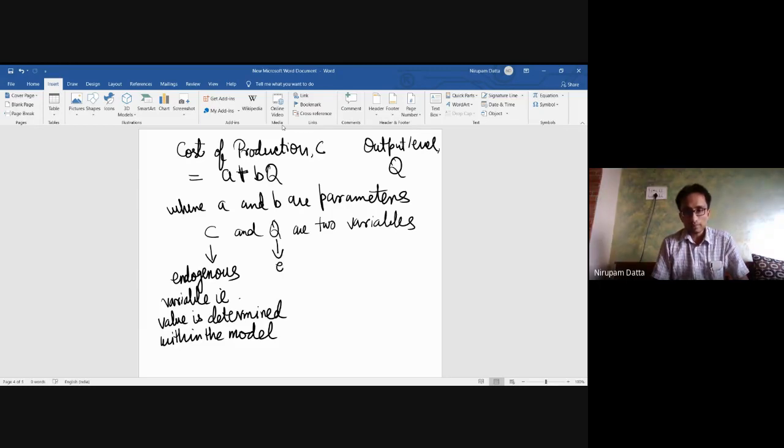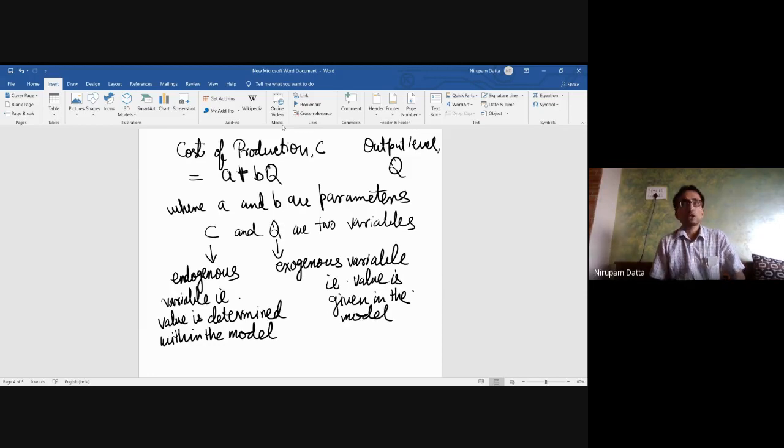Whereas Q is an exogenous variable. That is, its value is not determined in the model; it is given. So we give particular values of Q, the output level, from outside the model, and based on those values of Q, we get the values of cost of production, which is an endogenous variable.